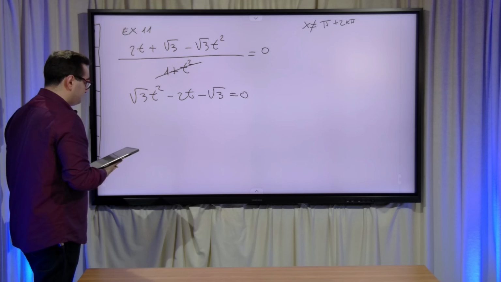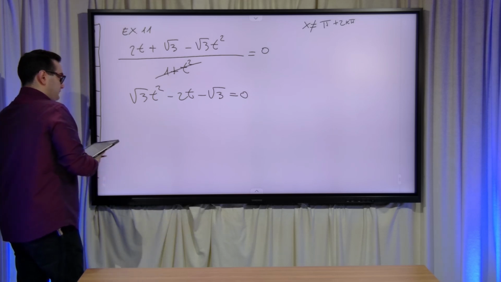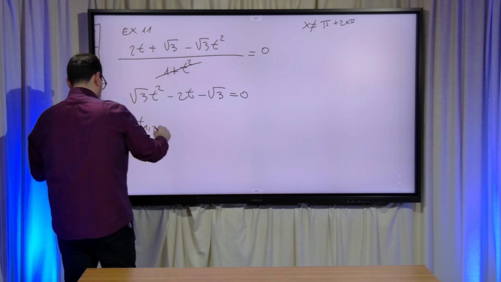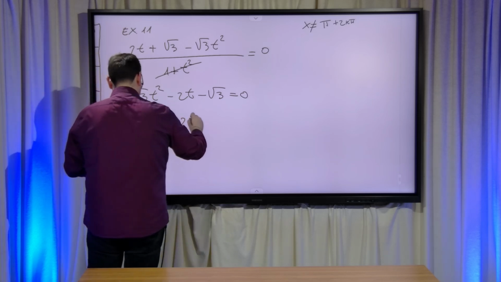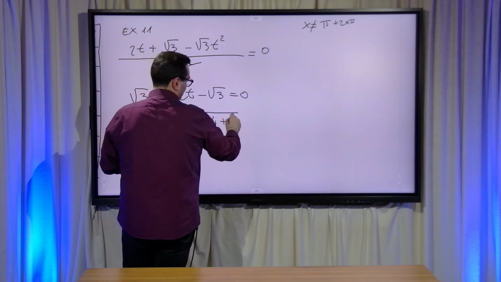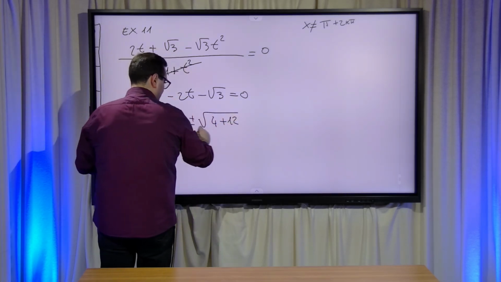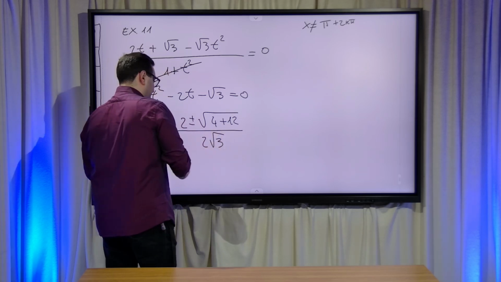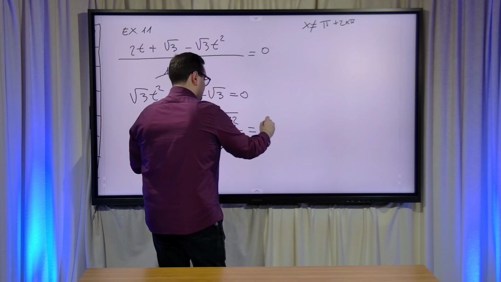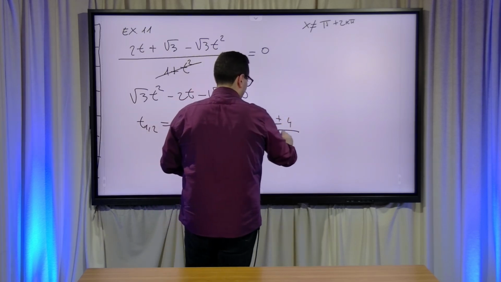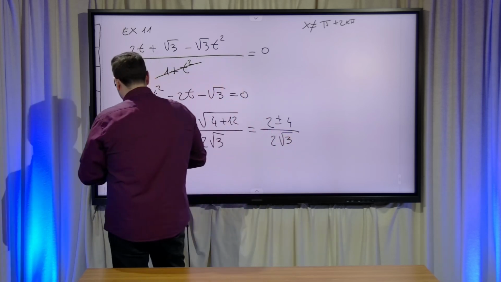From this one, I get the two solutions, t1,2, as 2 plus minus the square root of 4 plus 12, all divided by 2 square root of 3. And I get 2 plus minus 4 divided by 2 square root of 3.